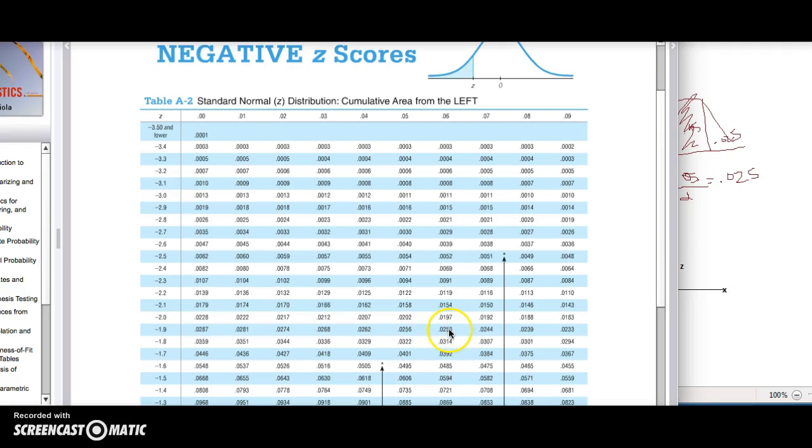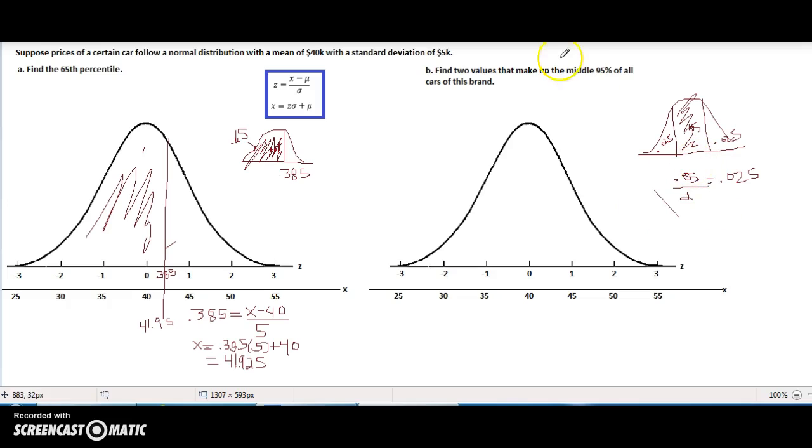Oh, right on. Okay, so we get negative 1.96. And the reciprocal of that is just 1.96.